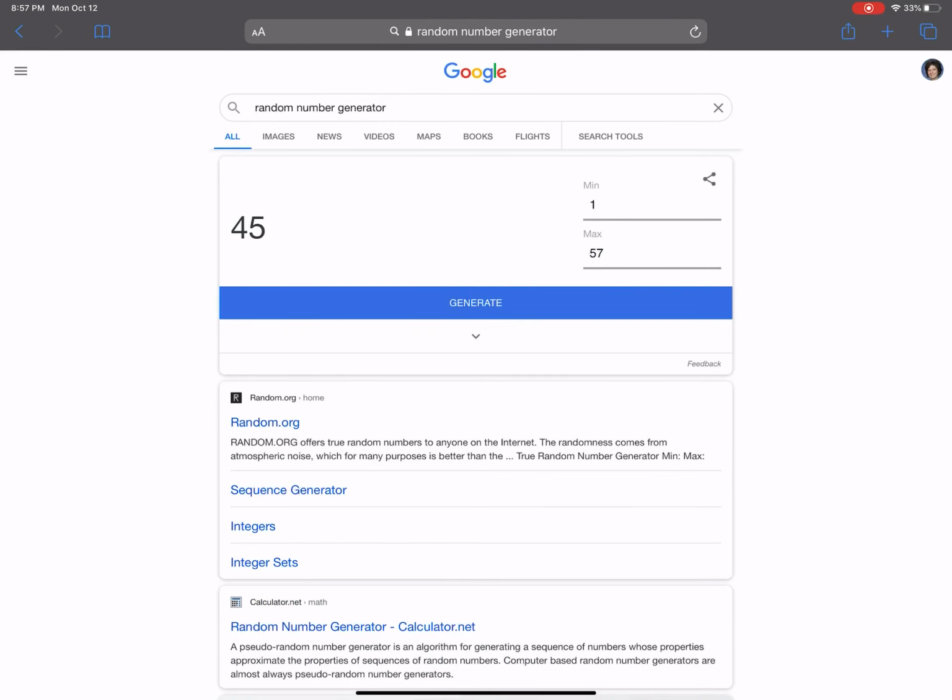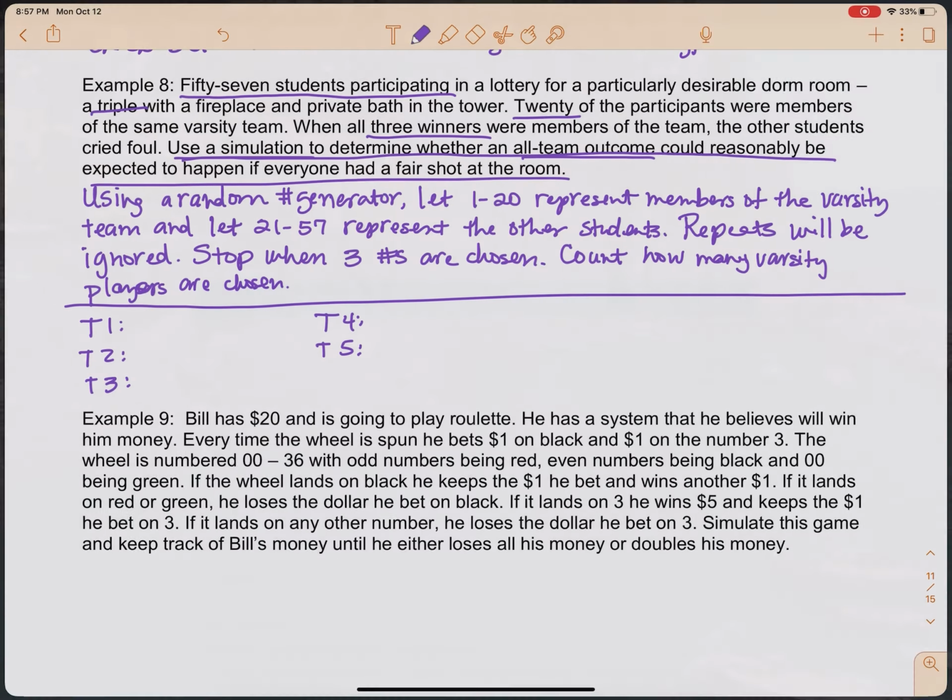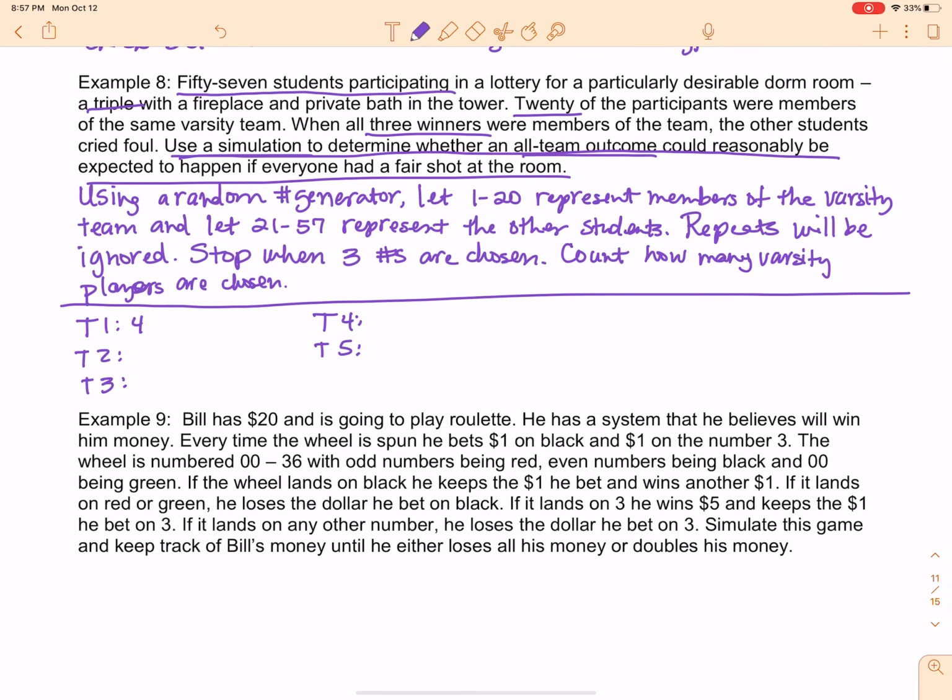Okay, so I've got 45, 23, and 27. Okay, so if 1 through 20 are representing members of the varsity team, how many of these were varsity team members? 0.